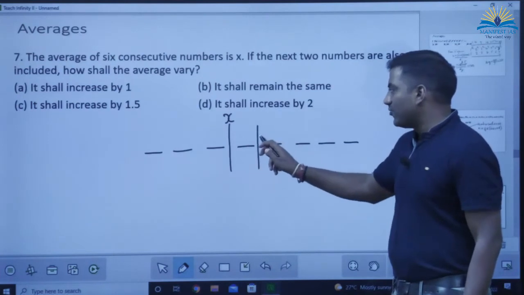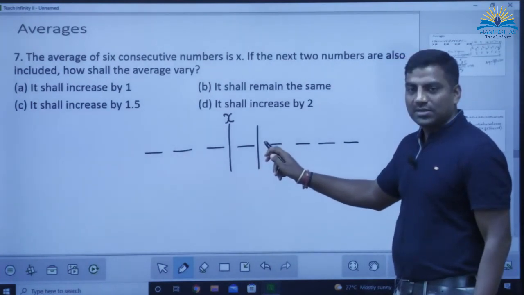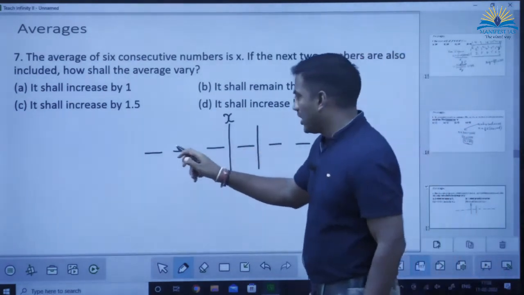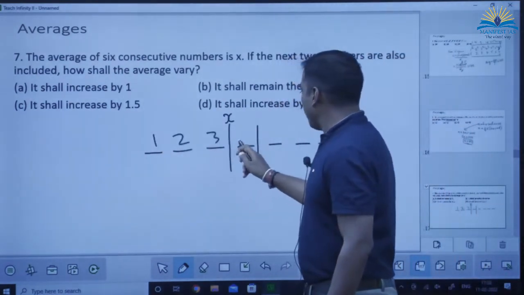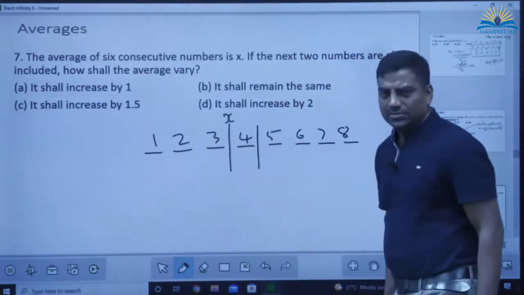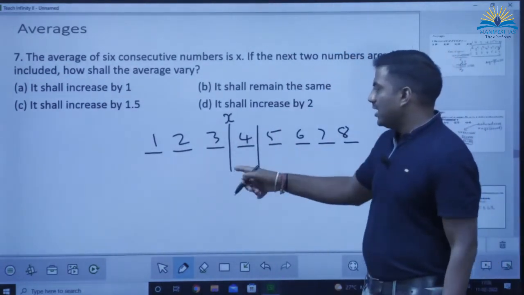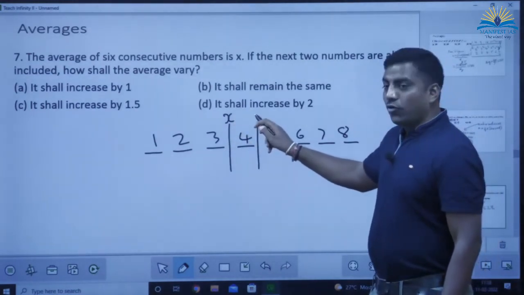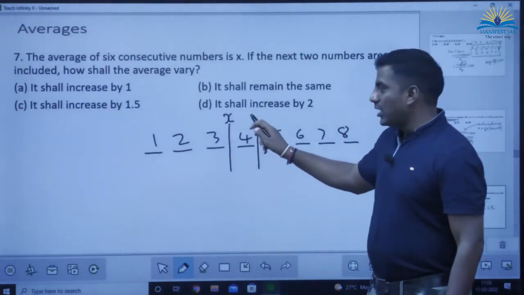Now, what is the value of this place? Imagine any consecutive numbers: 1, 2, 3, 4, 5, 6, 7, 8. Here it was 3.5. Now it will become 4.5. Compared to this, what will it be?